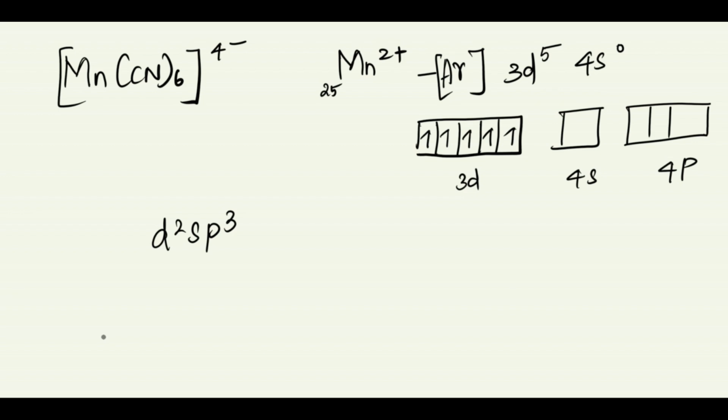Okay, but why is that happening like that? He didn't find out. Later, there is a theory called CFT. He just ordered the ligands in a certain order of strong field and weak field. Okay, so what will that do? Weak field ligands won't pair up.